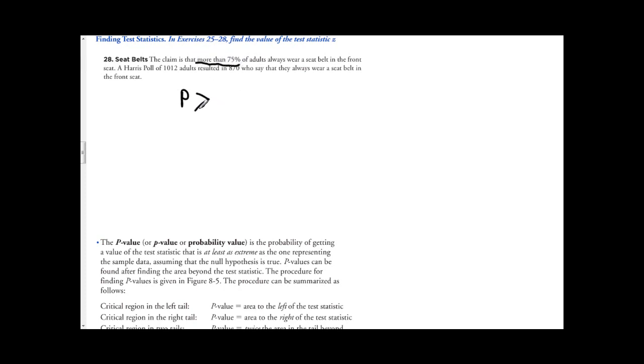So this is a claim that the proportion is greater than 0.75. This is our claim, and this is actually an alternative hypothesis.